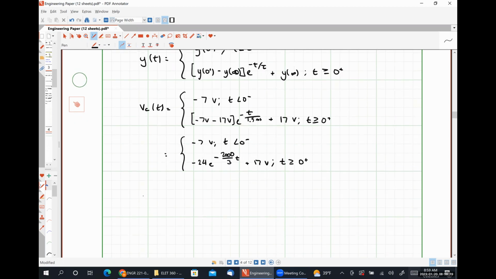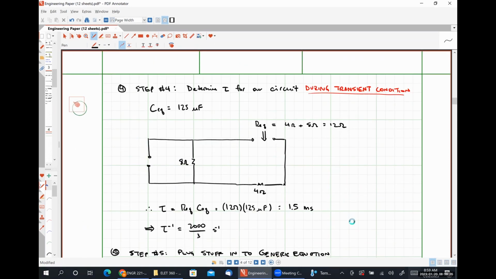For our resistor voltage, we're going to do something similar here. So our resistor voltage was 24 volts for t less than 0. And it was, excuse me, I think 8 volts.